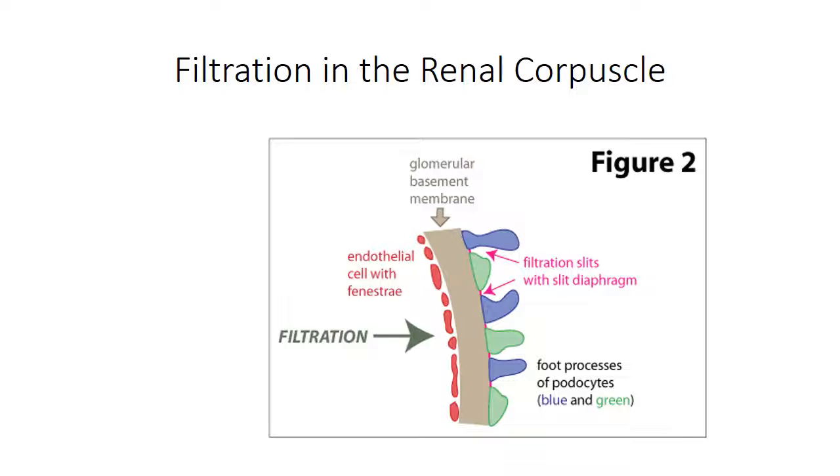But you see, it says here slits with slit diaphragm. The word diaphragm implies something that can make a slit wider or narrower. Right? So slits are small, but still their size varies a little bit due to this diaphragm. And the thing about the renal corpuscle, it's very sensitive to inflammation. When the tissue that surrounds the corpuscle gets inflamed, in people with glomerulonephritis, it's an acute inflammation in the kidney.